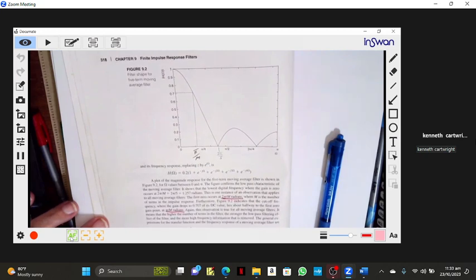The cutoff frequency is a frequency at which the magnitude is 70% of its maximum value.